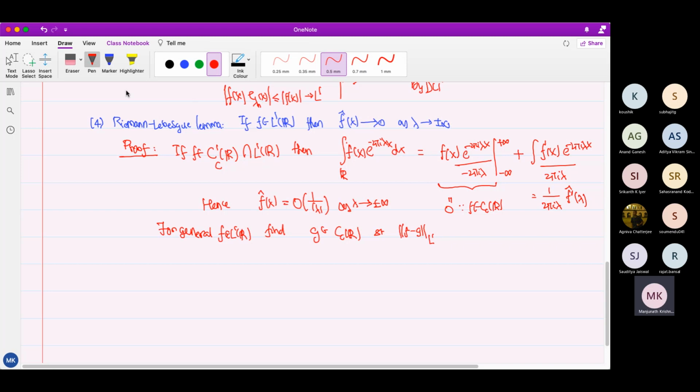Okay, as I said, I will stop writing L1 and just write 1 and p and so on for locally. Everything is now on the real line only. Sometimes it's on the dual part and sometimes on the original part, but we'll make use of the confusion. Anyway, it's R. So I'll just write f minus g L1 less than epsilon and argue.